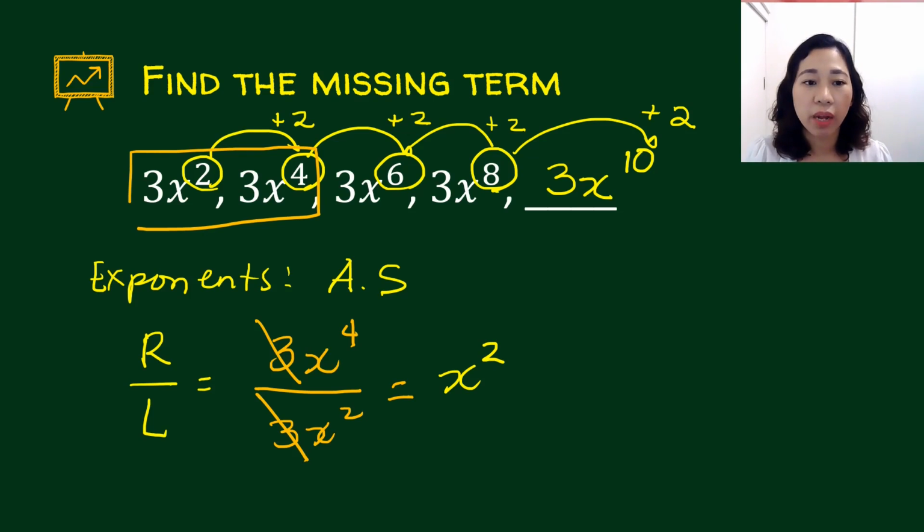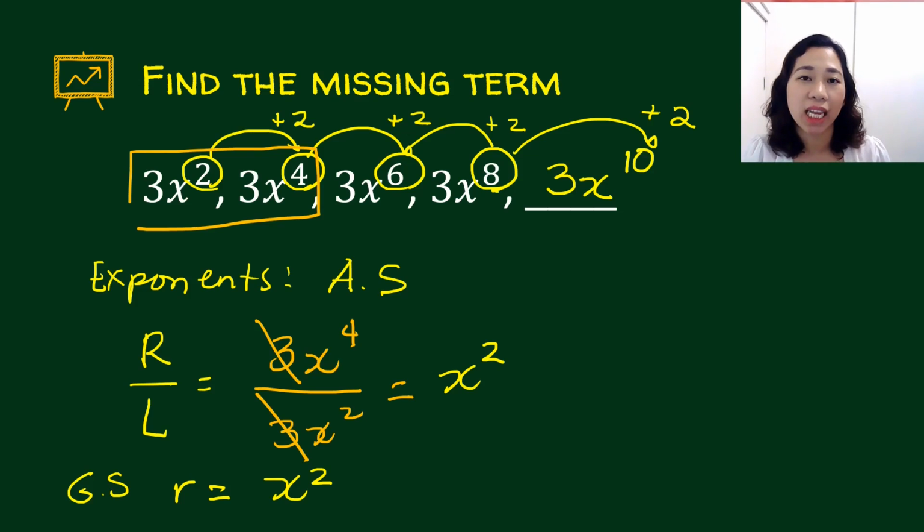You subtract the exponents. So this is a geometric sequence with common ratio equal to x^2. That's the reason why the exponents always get added by 2. Alright?